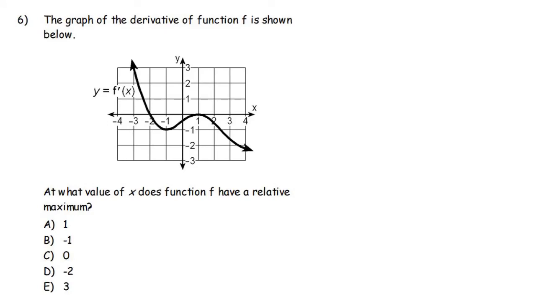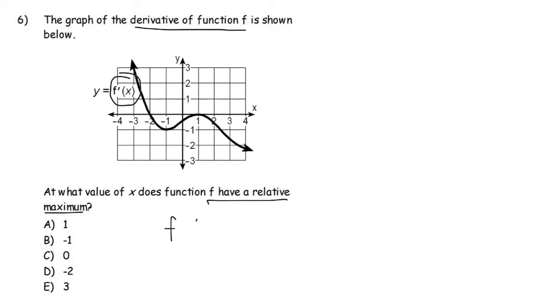Here they give us the graph of the derivative, so we notice this is f prime. Always look to see which graph you're given, because you could be given the original, the first, or second derivative. I want to know, based on this, where does f have a relative maximum?